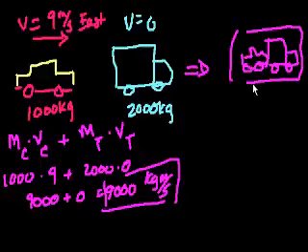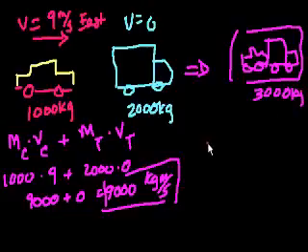So what do we know about this car truck object? Well, we know its new mass, right? The car truck object will be the combined mass of the two. So it's 1,000 kilograms plus 2,000 kilograms. So it's 3,000 kilograms. And now we can use that information to figure out its velocity. How? Well, its momentum, this 3,000 kilogram object's momentum, has to be the same as the momentum of the two objects before the collision.